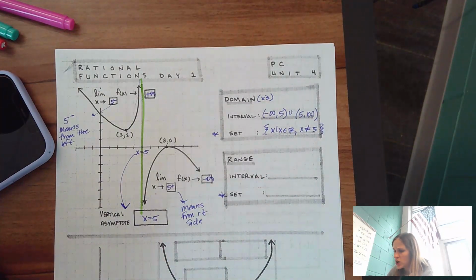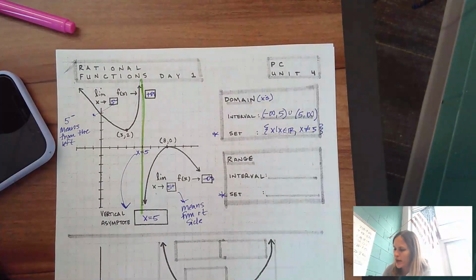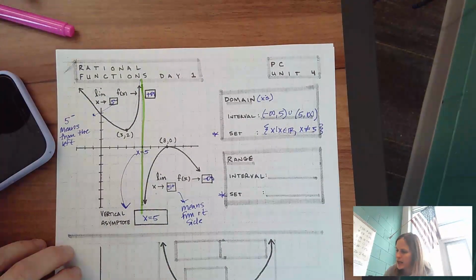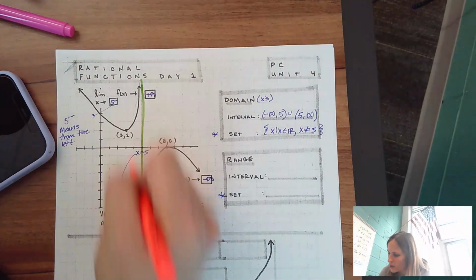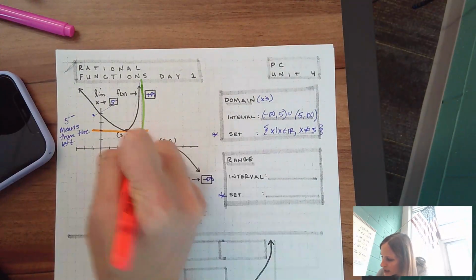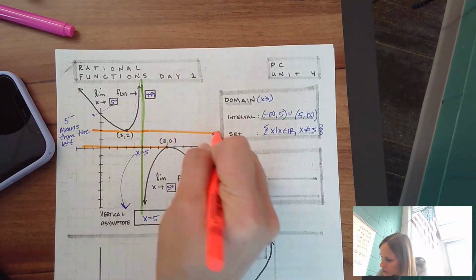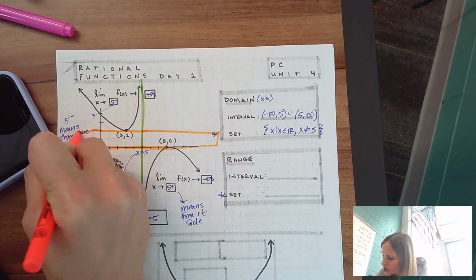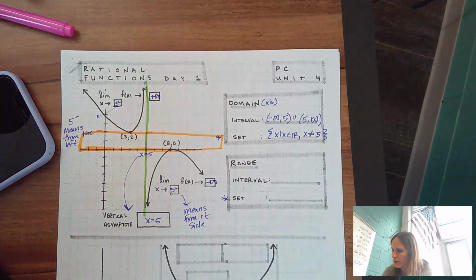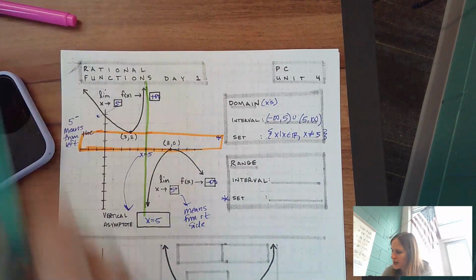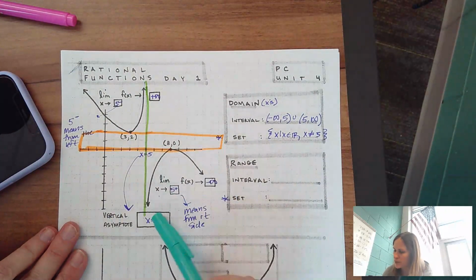Your range, you have to look at your graph for your range. So your range is looking at it up and down, right? The only values that don't exist in my range are in this region here. Every other value for y exists because I have all the numbers above and all the numbers below.